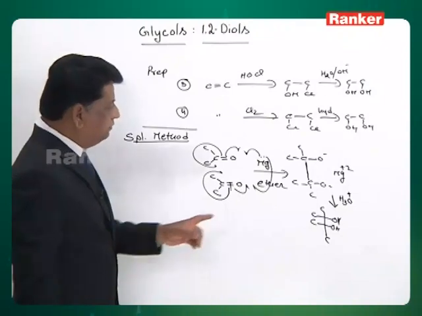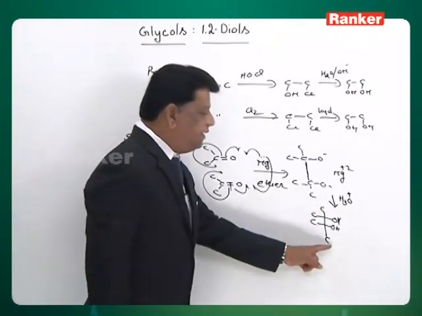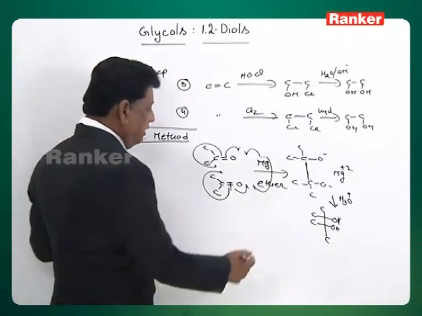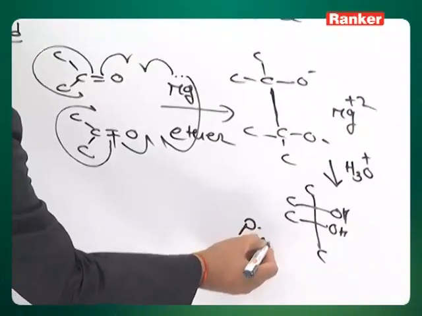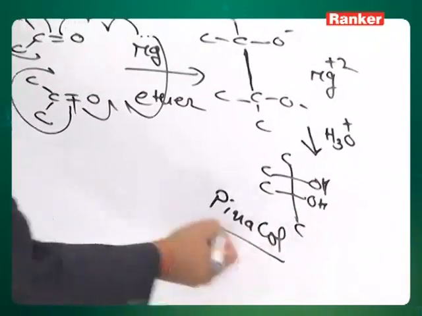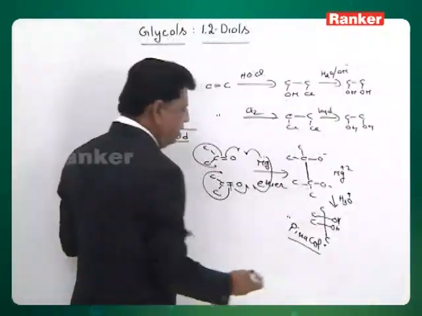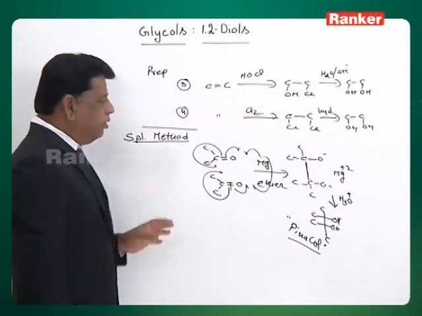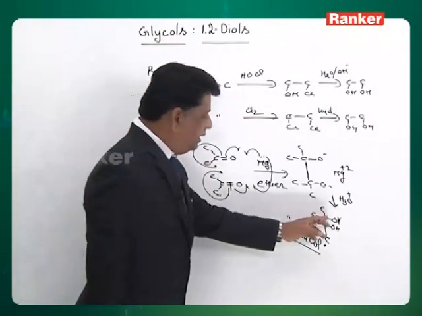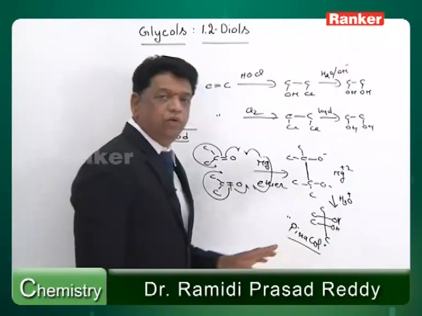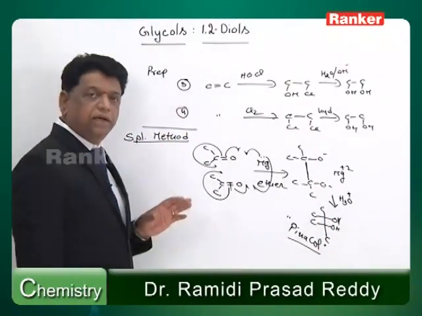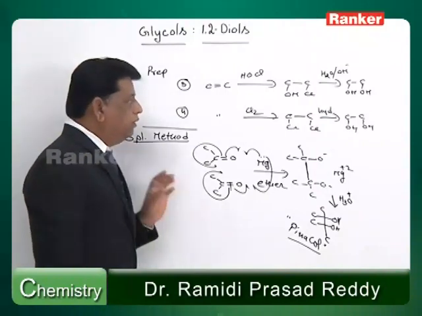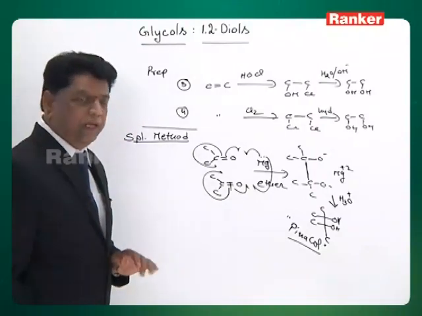Ethylene glycol with 4 methyls is therefore called tetramethyl ethylene glycol, commonly known as pinacol. Pinacol is just a common name somebody has given, and it has become very popular. So these are all the preparations for glycols.